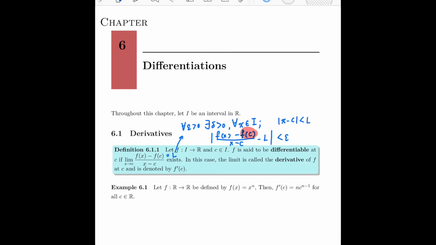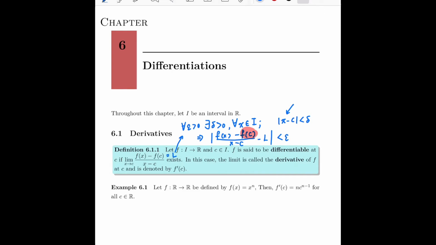So the condition on x can be only that the distance between x and c is less than delta, then |(f(x) - f(c)) / (x - c) - L| is less than epsilon. This is the same old limit definition as in chapter 5.